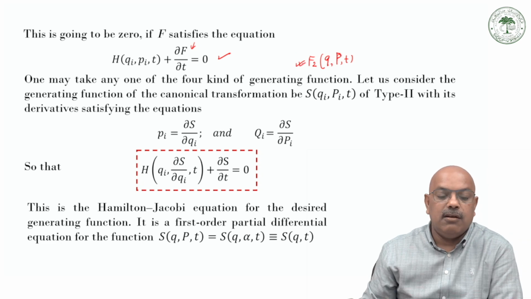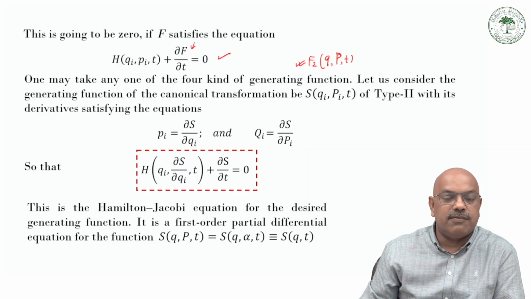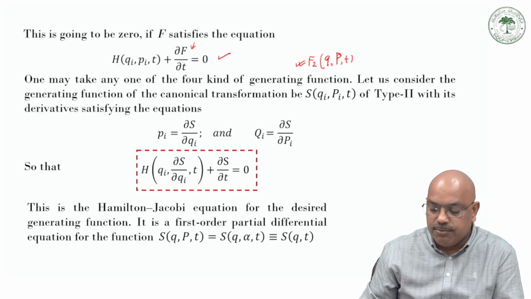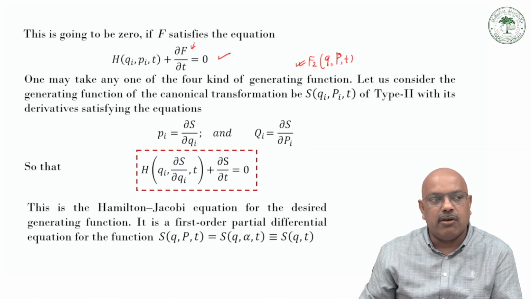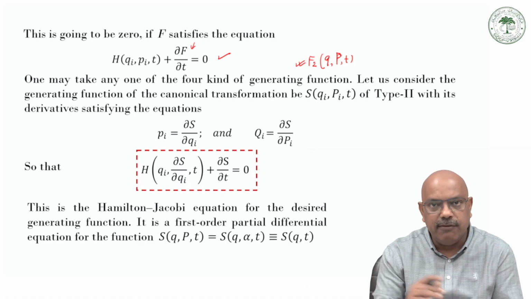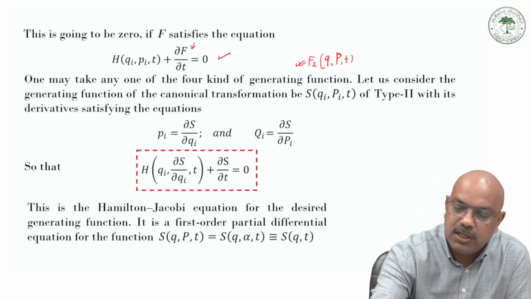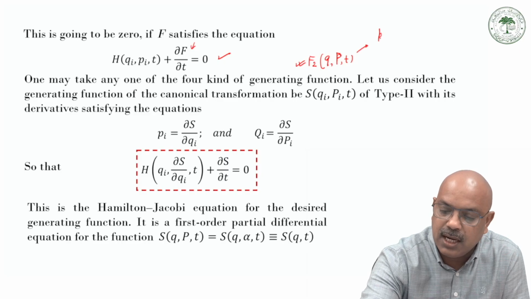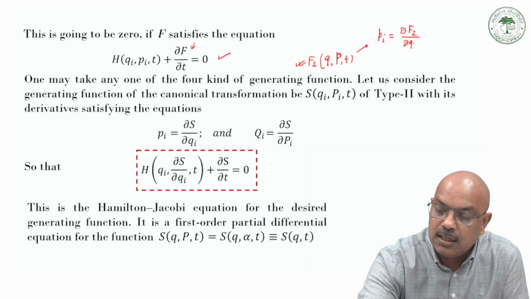Okay, so with its derivative and satisfying, when you have a type 2 generating function, you know that every generating function has a corresponding derivative along this. So the corresponding derivatives are pi = ∂F2/∂qi, and Qi = ∂F2/∂Pi.